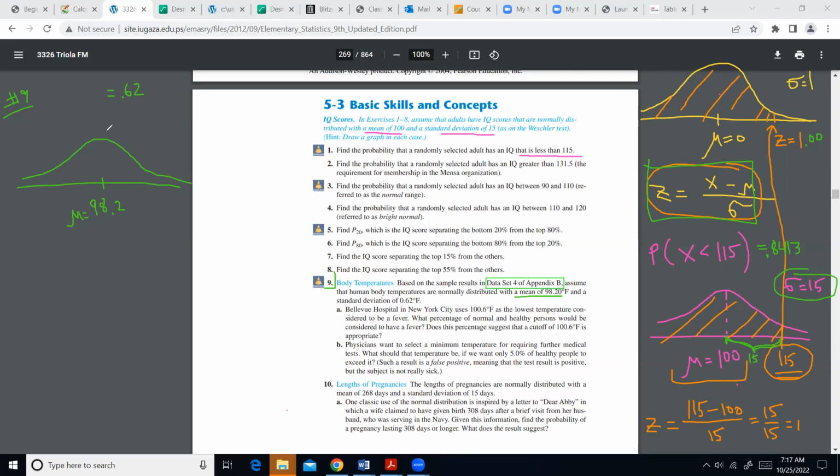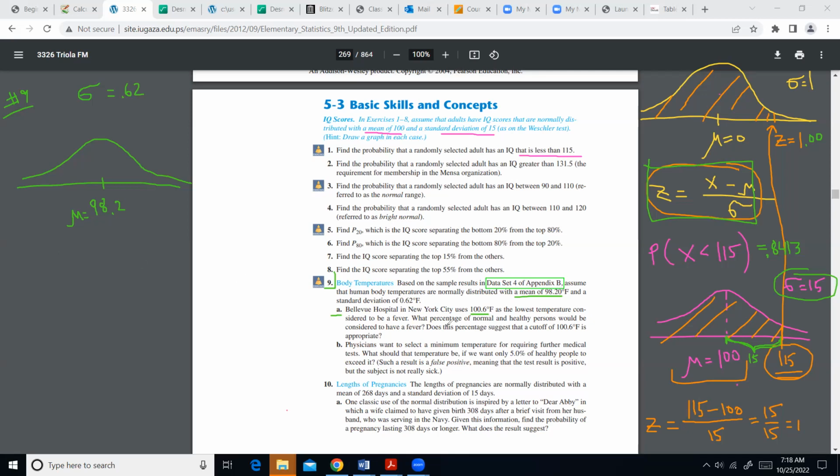So now we need to answer the question in part A that says 100.6 is the lowest temperature considered to be a fever.